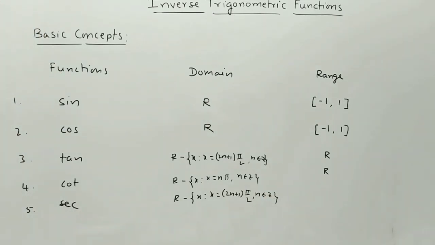Since sec pi is equal to minus 1, sec 0 is equal to 1, sec pi by 3 is equal to 2.